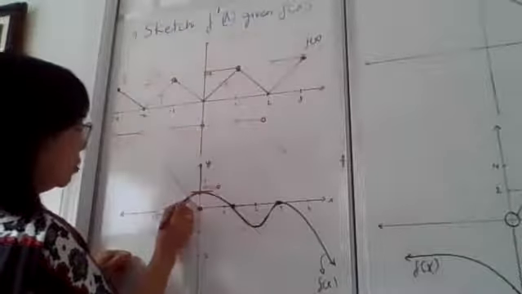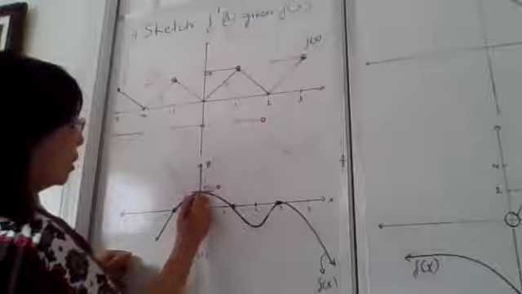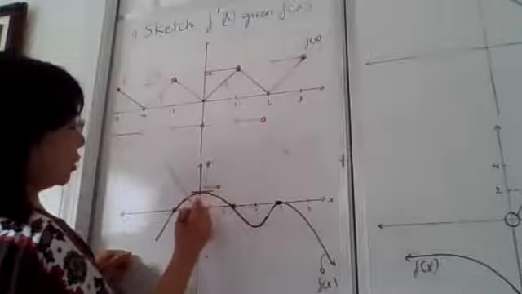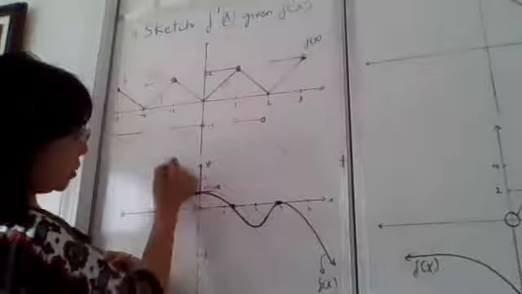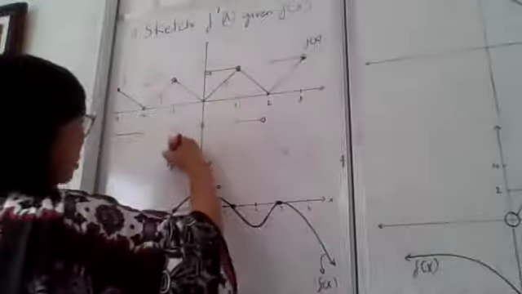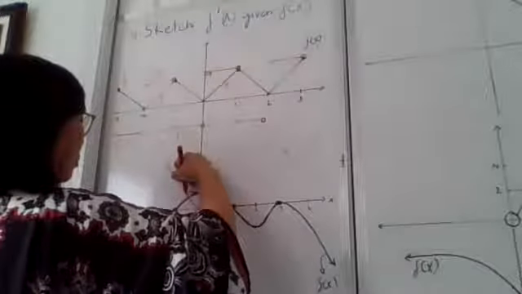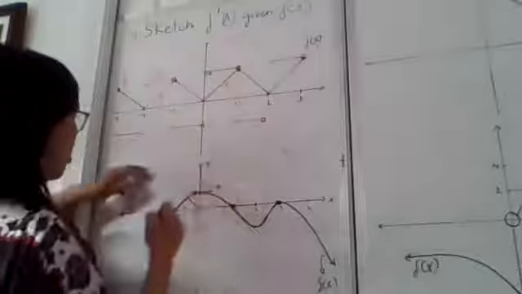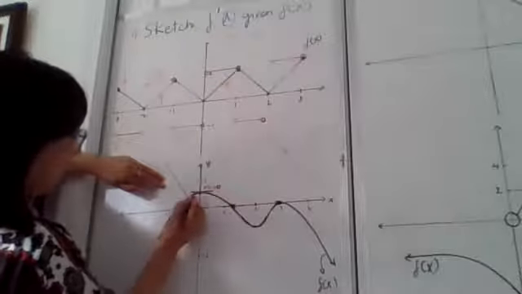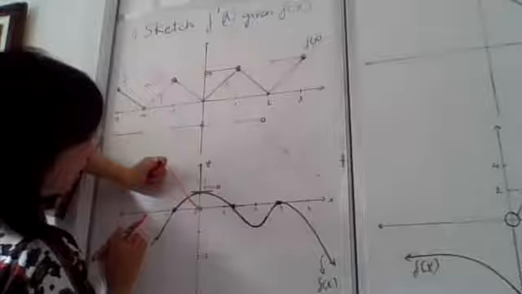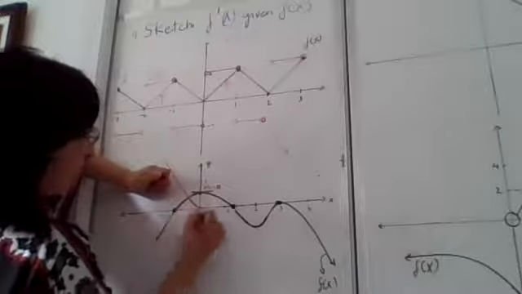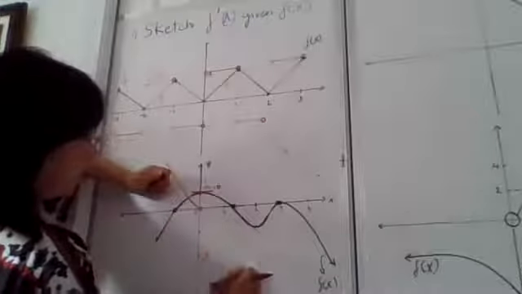And at 0, it has a horizontal tangent line, so it goes to 0. Because we're talking about the slope, right? This represents the sketching of the slope of the function. Because the function is increasing, the slope is positive. And here the y value is positive, right? Down here, the y value is negative.